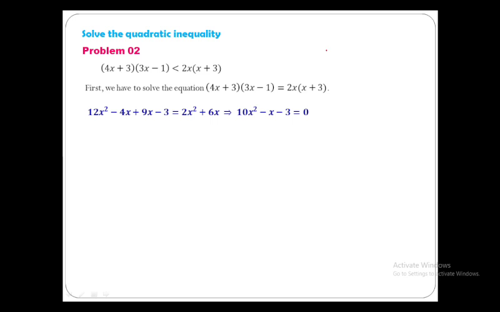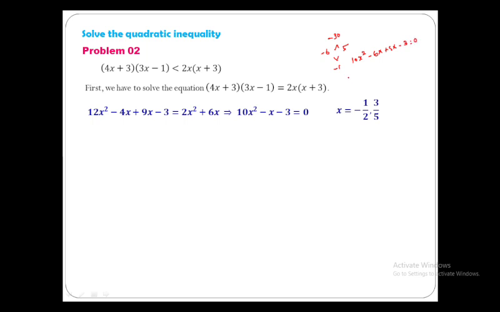Let's solve this equation. We have to find two numbers whose product is minus 30 and sum is minus 1, which are minus 6 and plus 5. So 10x squared minus 6x plus 5x minus 3 equal to 0.